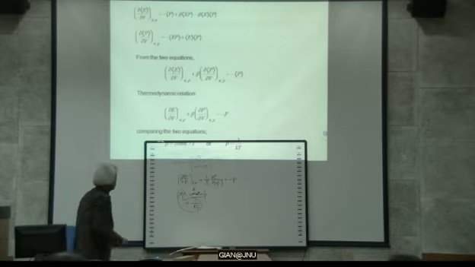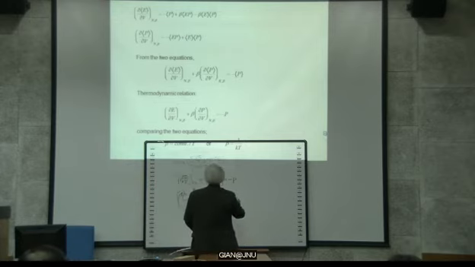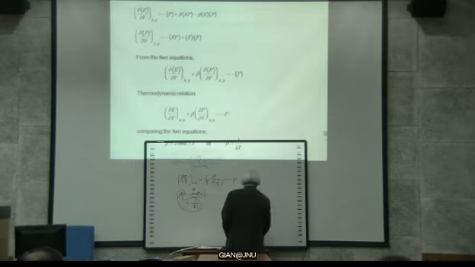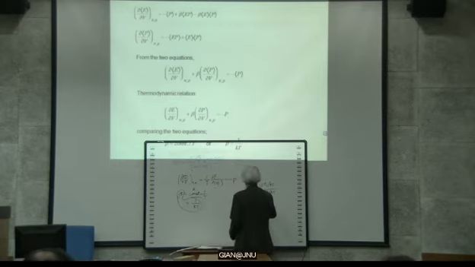So now our distribution is f_j equal to exponential minus Ej over kT, divided by the sum over exponential minus Ej over kT. So this is the Boltzmann distribution.